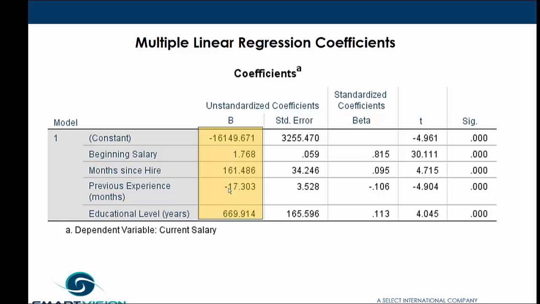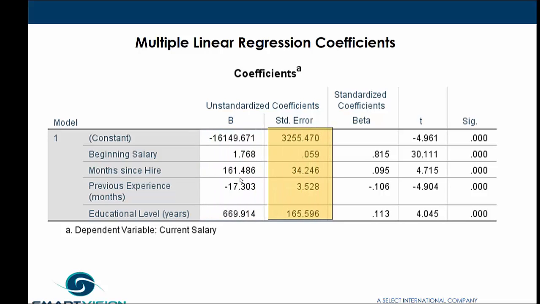That's because some of the least well-paid people within the organization are actually much older, and that means that they've got more years of experience. So there's a negative correlation between age and their salary. Education level in years gets you, for every extra year of education, an extra $669, so nearly $670 there. So now the equation's much more complex, and we can look at that in more detail in a moment.